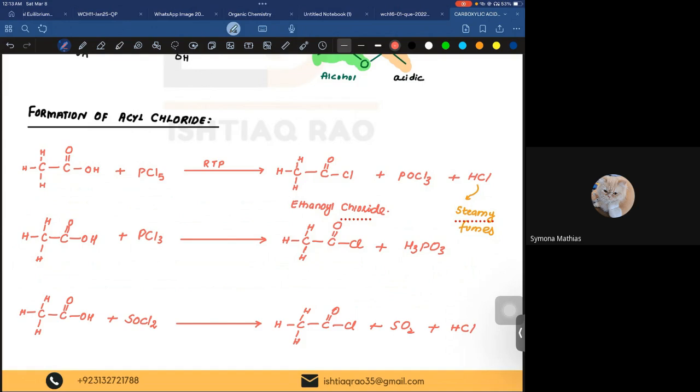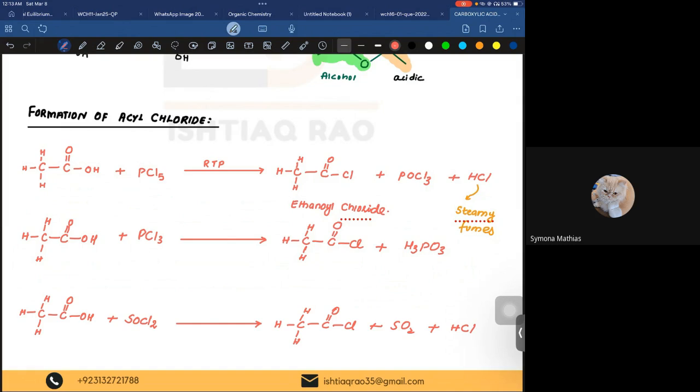If you can see steamy fumes, it means the presence of the OH group is confirmed. That's why PCl5, PCl3 or SOCl2 has reacted, replacing the OH with chlorine. That's the main theme of this chapter. So this is also one of the chemical properties of carboxylic acid.